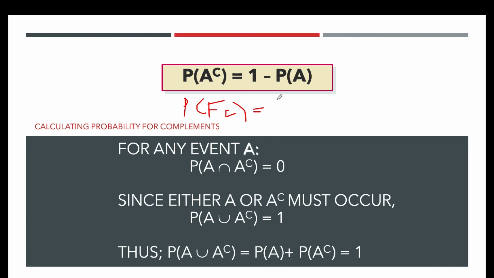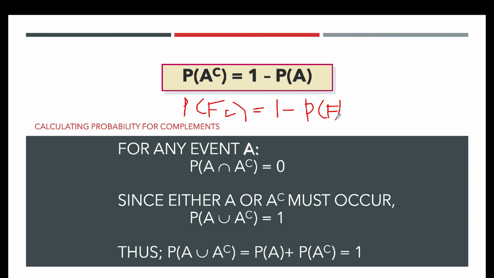Pardon me for the bad handwriting. You already have the calculation for PF, which is 85 per 150.